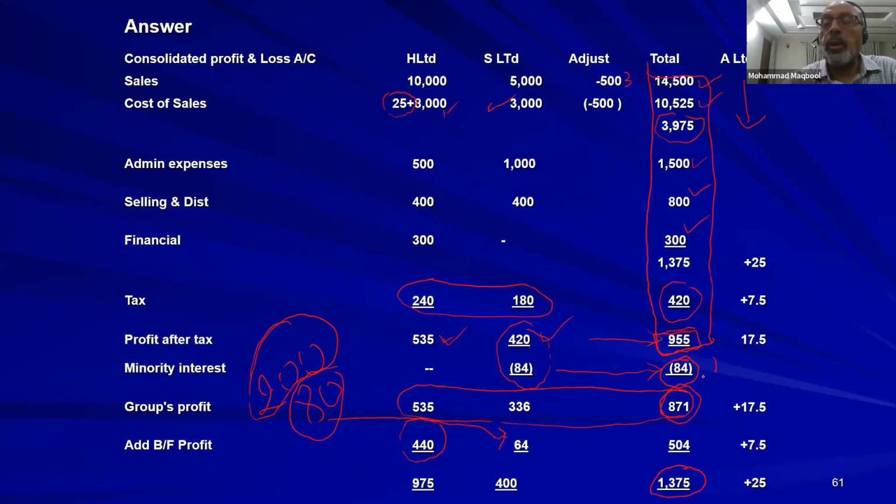This is non-controlling interest related and this is group related. And this is brought forward. This is the statement of changes in equity: brought forward plus for the period, and this gives me 1370, a nice figure. Now I'm going to the balance sheet. Let's go to the balance sheet.